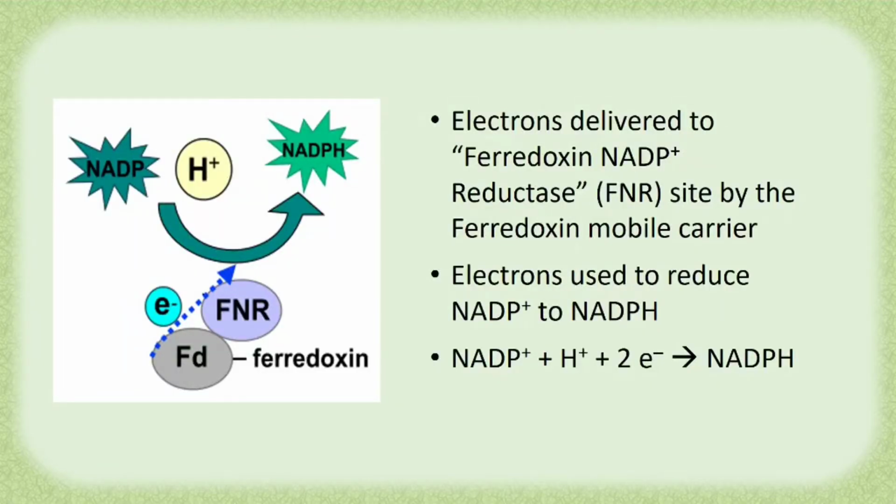So remember, our electron has been excited again in photosystem 1, gained a bunch more energy, and is now being delivered by its carrier protein, ferredoxin, from photosystem 1 to this final step in the light-dependent reactions, the NADP plus reductase site in the thylakoid membrane. What does it do there? Well, it helps make a vital process happen, the conversion of NADP plus to NADPH.